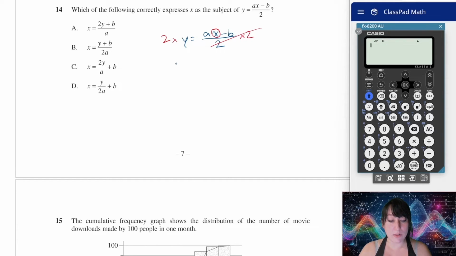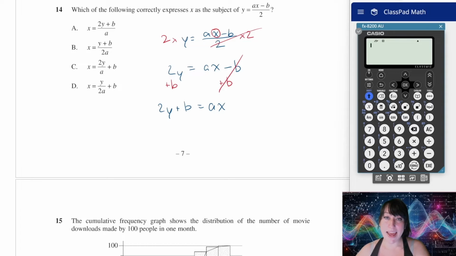We now have 2 times y, which we would write 2y equals ax minus b. Next, we can add b to both sides to cancel out the subtraction of b on the right-hand side. So now we have 2y plus b equals ax.